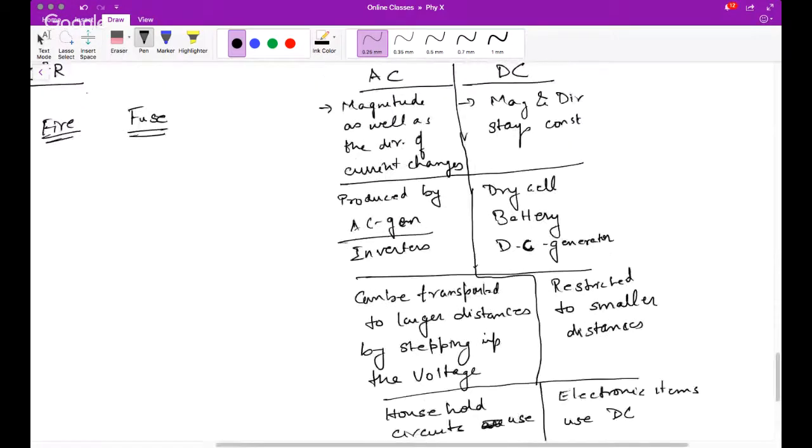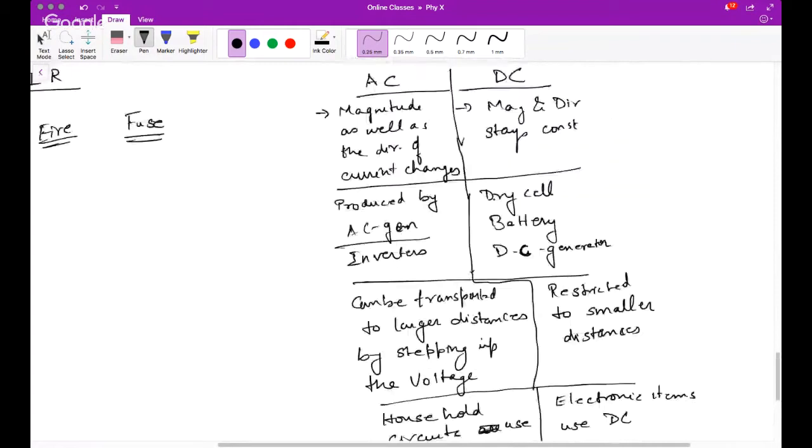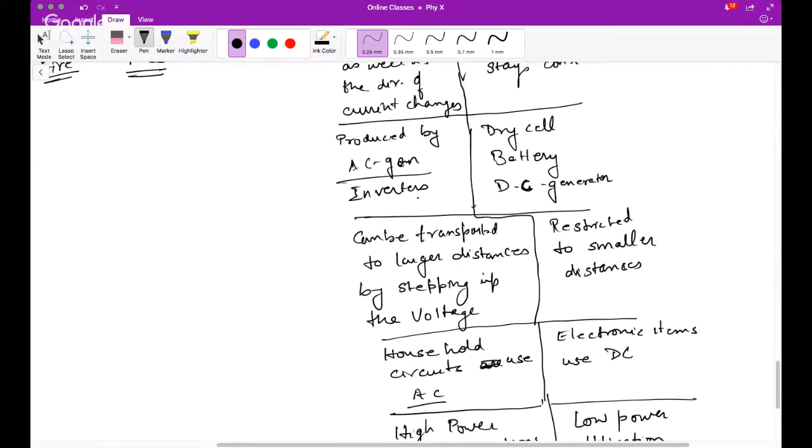Don't mind my handwriting. I just try to do it a little faster so that you can recap quickly. Is that difference clear? In AC, magnitude as well as direction of the current changes, but in DC they stay constant. AC is produced by an AC generator or inverters; DC by a dry cell, battery, or DC generator.